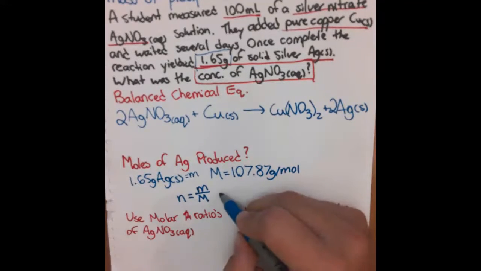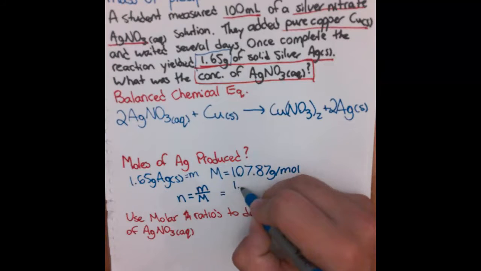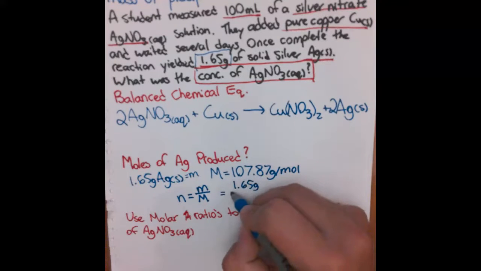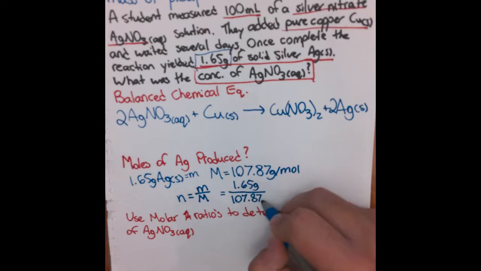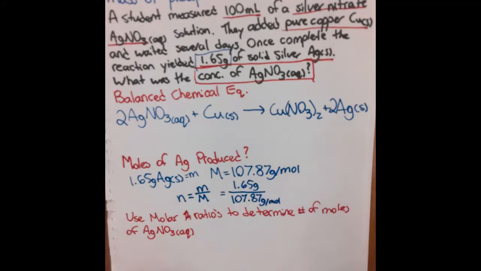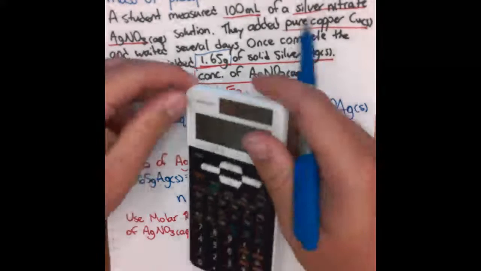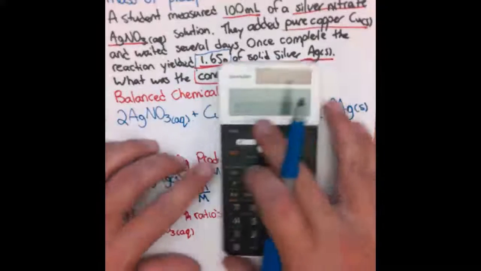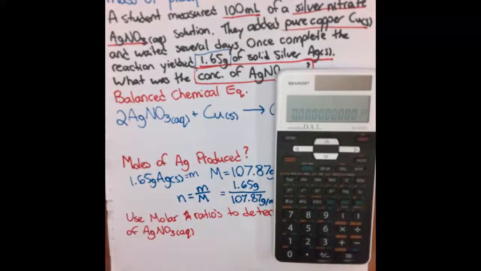We're just going to sub in 1.65 grams divided by 107.87 grams per mole. As we know, the grams are going to cancel out, and we're just going to be left with moles. So I'll pull out my calculator here. Hopefully you guys can see this. I'm going to take my 1.65 grams and divide it by 107.87 grams per mole.